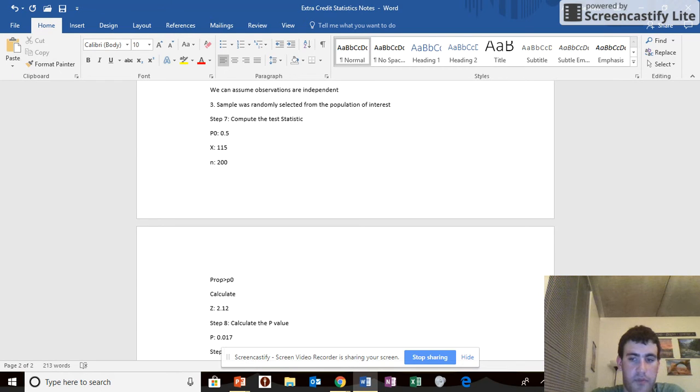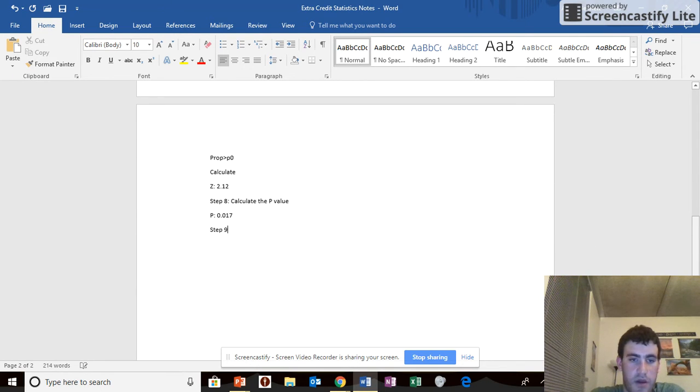And there's one last step that you have to do, and that is to state and interpret the conclusion. So there are two scenarios here. When the p-value is less than or equal to the significance level alpha, we reject the H0 or null hypothesis.